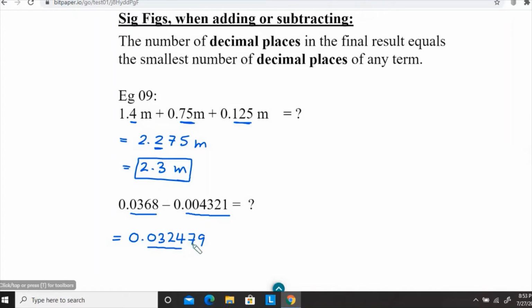So there's a 4, after that there's a 7, so we can round this 4 up to 5. As a result, the final answer would be 0.0325, and we based this subtraction looking at the decimal places of these two numbers.